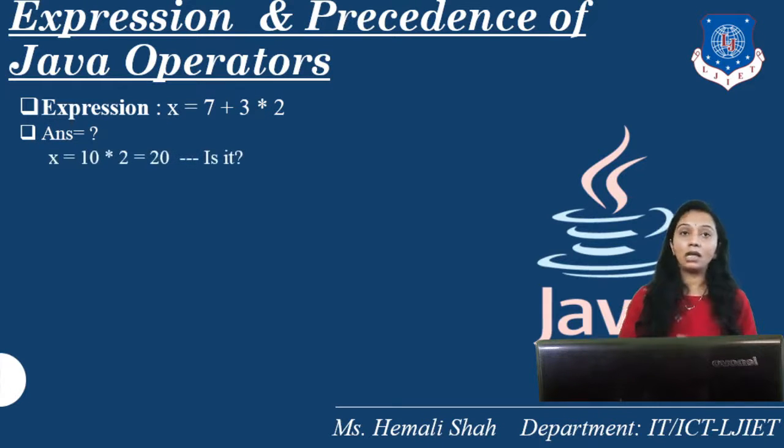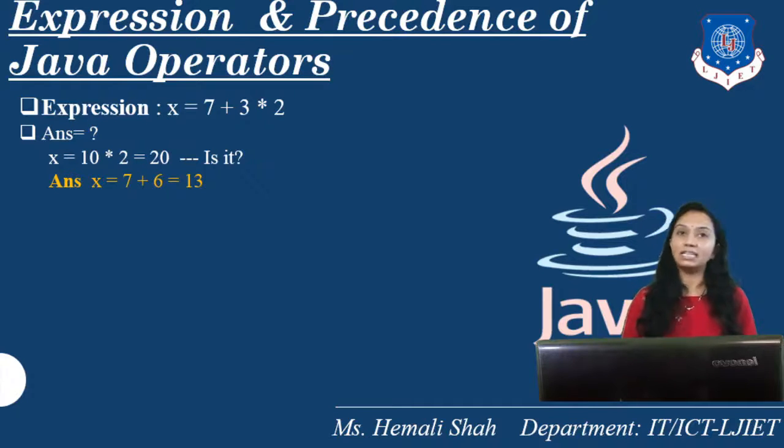Will it be like this? First add 3 and 7, that becomes 10, then multiply it by 2, and you get 20. Is it correct? No, it is not correct, because it actually generates 13. How? First of all, it multiplies 3 with 2 and generates 6.